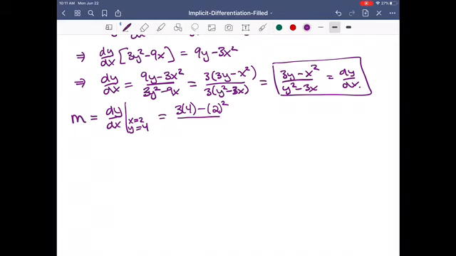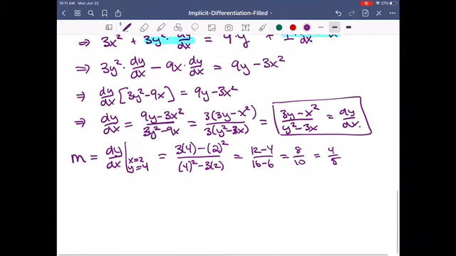And then I have 4 squared minus 3 times 2. So that's 12 minus 4 over 16 minus 6. So I get 8 over 10, which is 4 over 5 if we simplify.